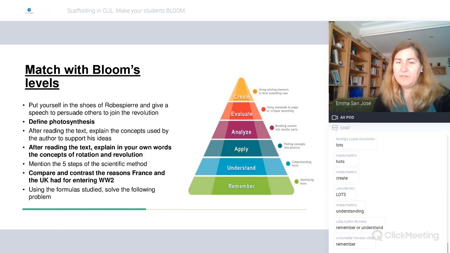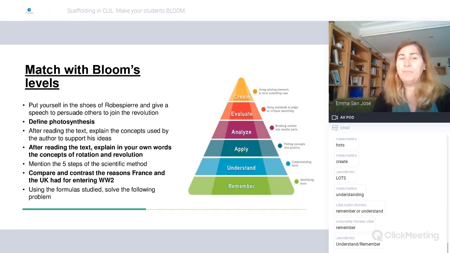Remember, because you simply have to repeat that definition, and understand if you ask them maybe to use their own words, or you give them some other keywords to rephrase that definition. But basically it would stay here, either in remember or understand at most, okay.